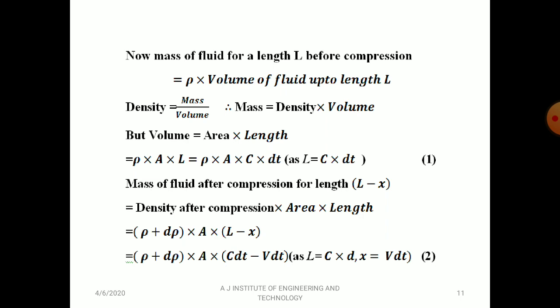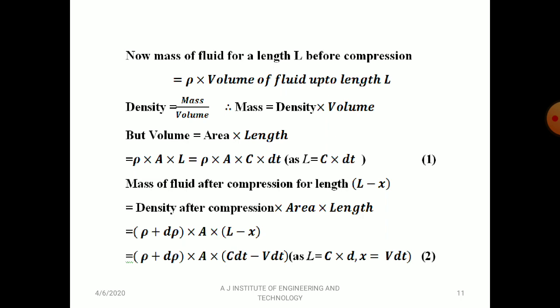So rho into the volume of the fluid up to length L becomes rho into A into L. You have the expression L equals C dt, so rho A into C into dt, as L is the distance traveled by the pressure wave. Take it as equation 1.